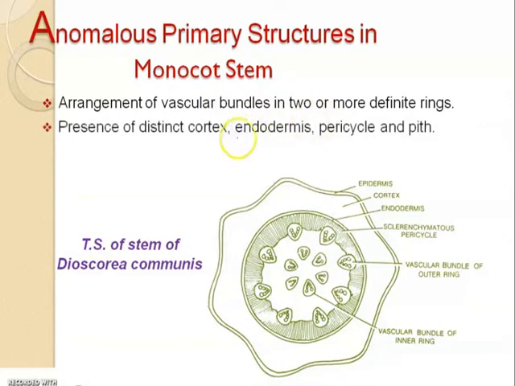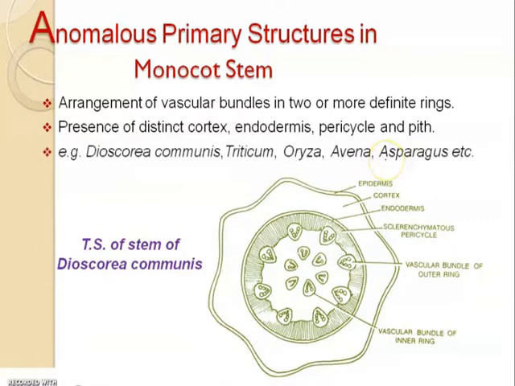Further, there is presence of distinct cortex, endodermis, pericycle, and pith, which is in contrast with the normal structure, in which undifferentiated ground tissue is present. But in this case, ground tissue is differentiated.